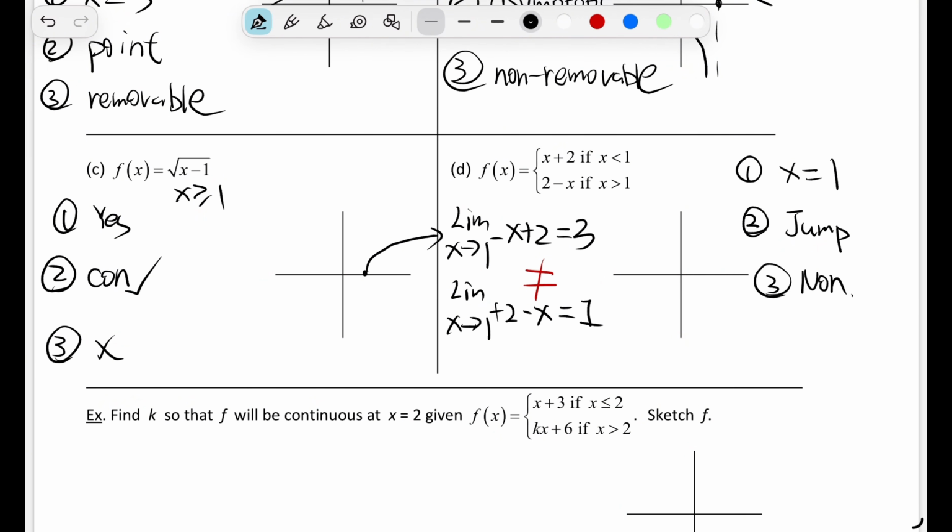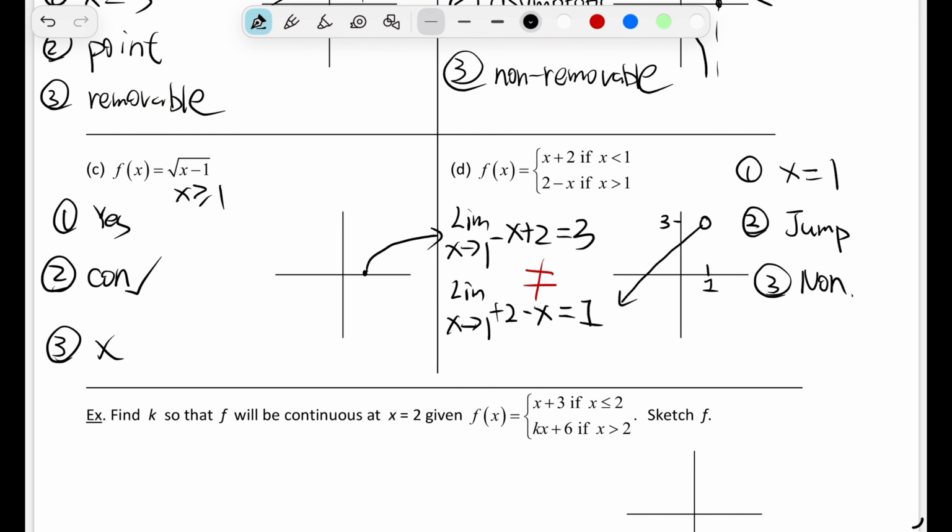So what does the function look like? There's a breakpoint at x equals 1. From the left side, when x is smaller than 1, we use the function x plus 2. At this point you have to be very careful that there is no equal sign, so no matter what, at the breakpoint we have to put an open dot. There's a y value of 3, and the function x plus 2 roughly looks like this.